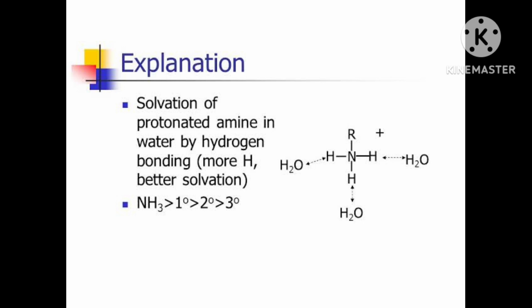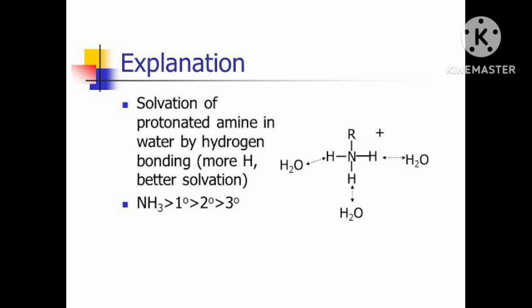And this is the one point. Second point, substituted ammonium ion formed, because RNH3 plus is formed, that is also an ammonium ion, but an alkyl group R is attached, so you can call it a substituted ammonium ion.